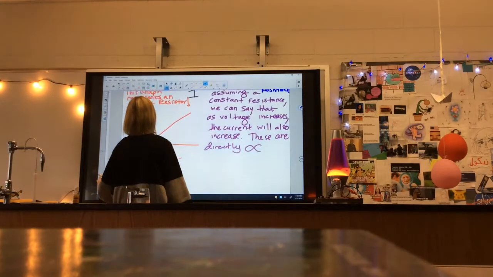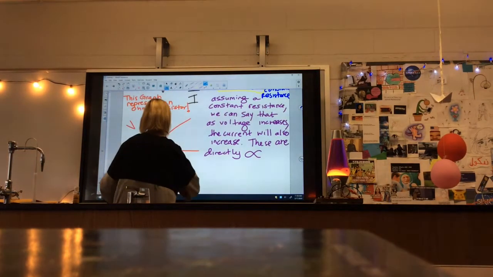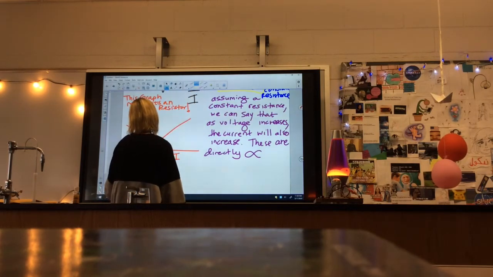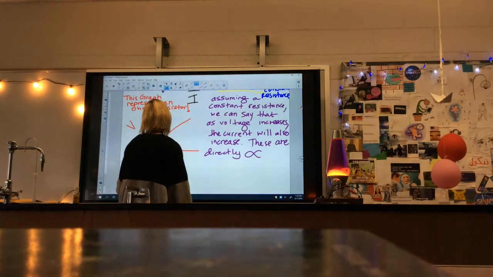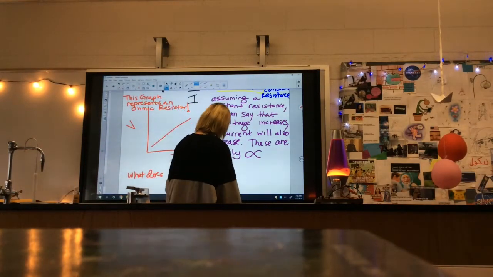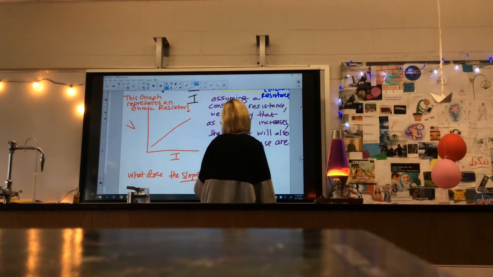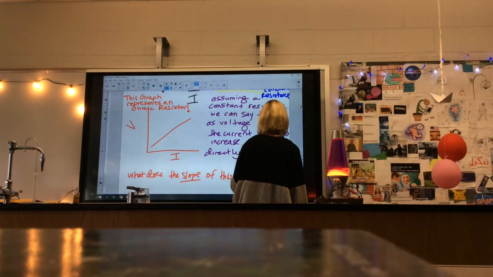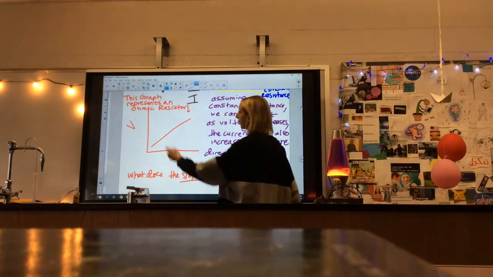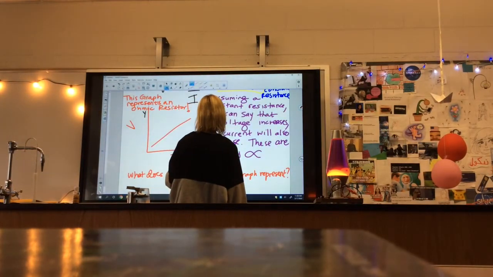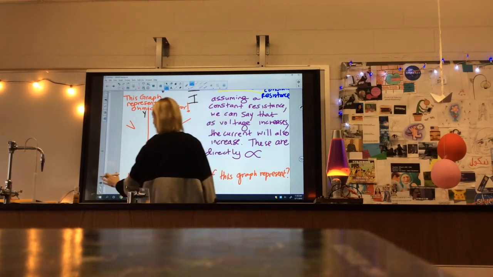So what does the slope of this graph represent? Well, we know how we determine the slope. We're going to take our y-axis and do delta y over delta x, right?